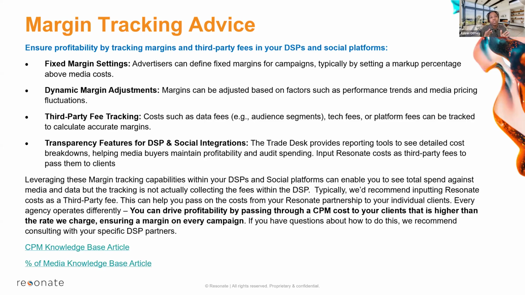So when you're reserving the cost, you reserve a cost of your total budget, and then you can use it for your Resonate data fees, and then track total spend against media. So that way you can even withhold a higher CPM and then pass that cost on to customers. A number of different things you can do with the margin tracking.